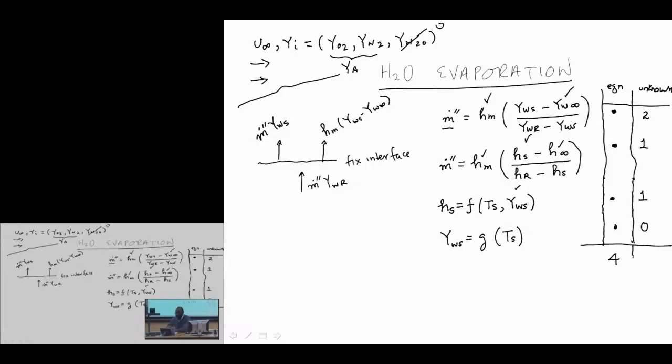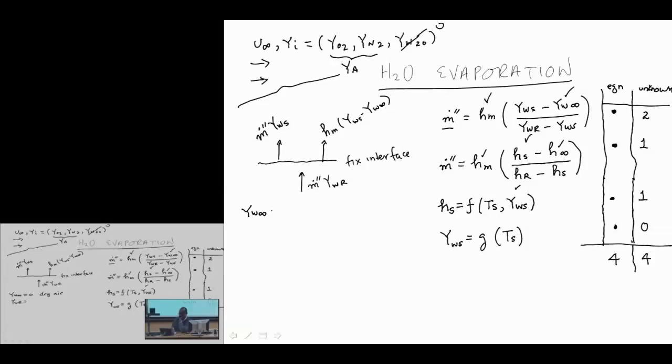And so we recognize from this that for this problem, B can be thought of as YWS. Again, I think we said it already, but I'm just going to add to it. YW infinity is equal to 0, so this is a dry air flow.